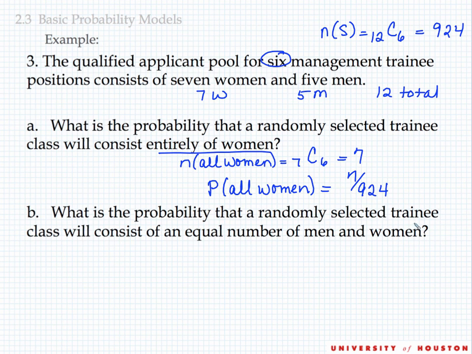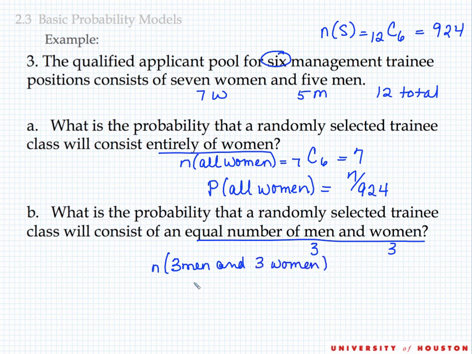What is the probability that a randomly selected trainee class will consist of an equal number of men and women? Well, with 6 trainees, that would mean 3 men and 3 women. So the number of ways that we can have 3 men and 3 women would be 5C3 for the men times 7C3 for the women.